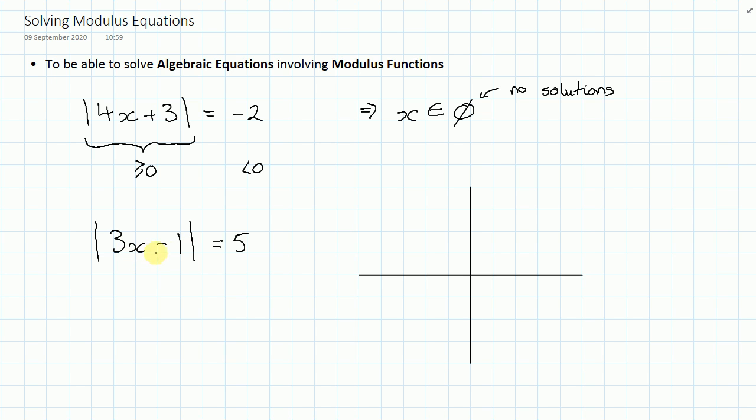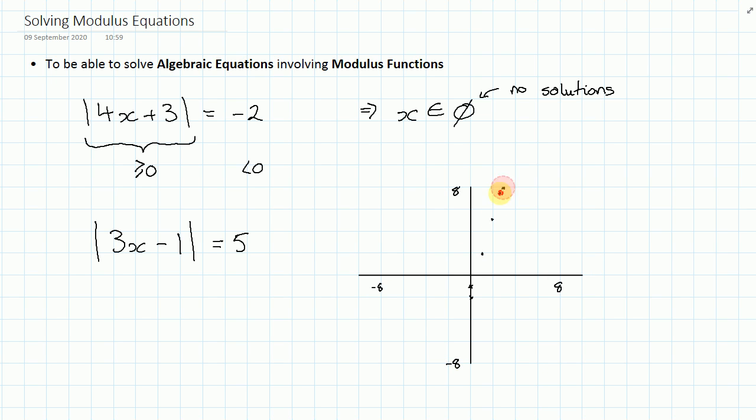So we've got 3x - 1, so it goes through -1, goes up 3, goes up 3. So this is 2, 4, 6, 8, that's 8, -8, -8. So I'm using 1 square is 2 units from this graph.